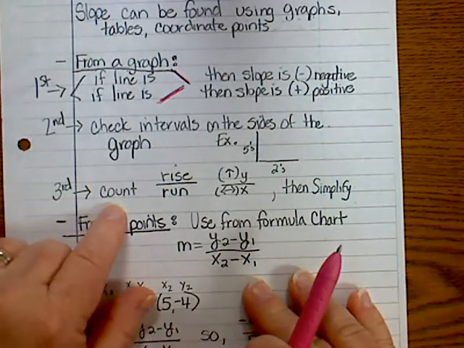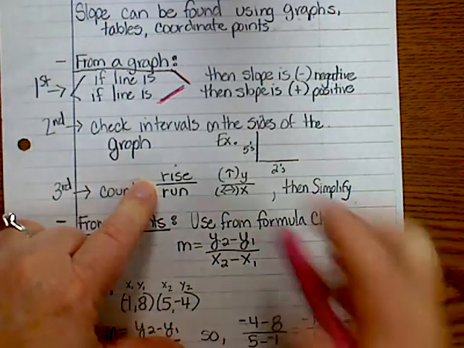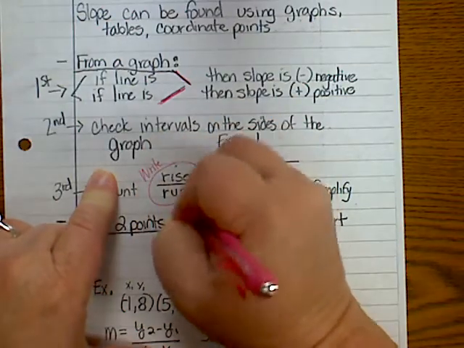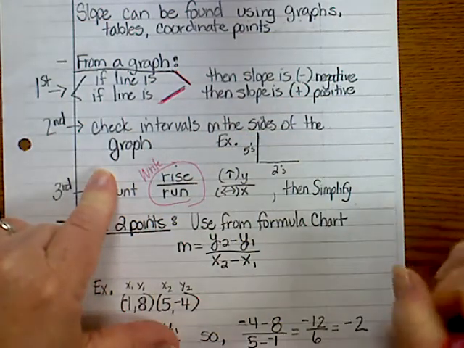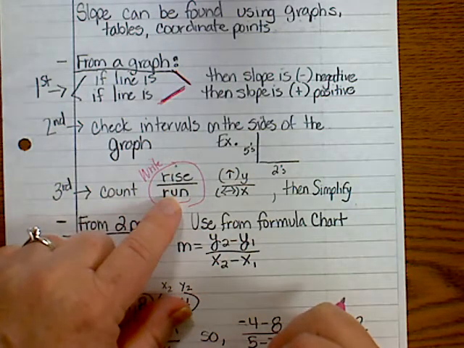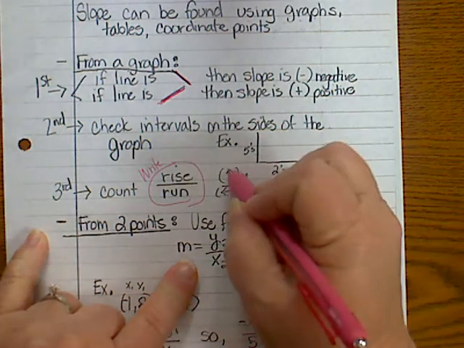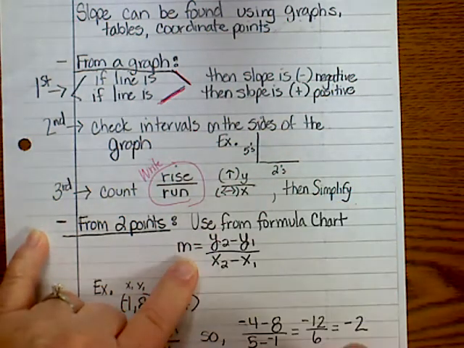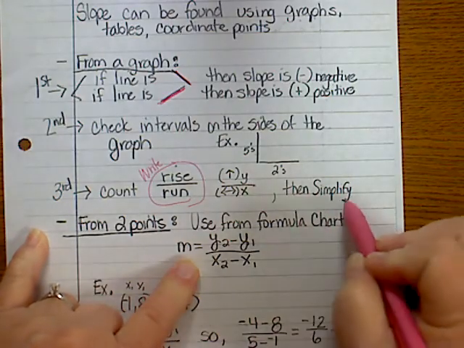Third, count. Write. I want you to write rise over run. A lot of you have gotten really lazy and you've stopped writing that rise over run, okay? The rise is how much you go up. The run is how much you go left or right. Then you have to simplify.